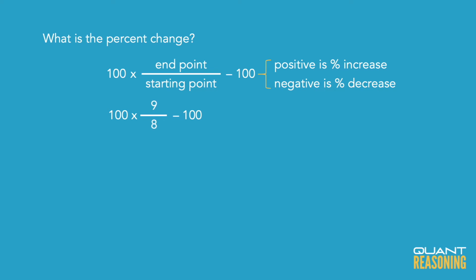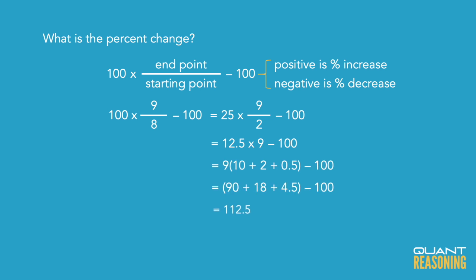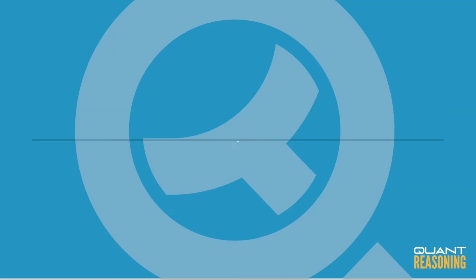And that will give you the percent change. 9/8 multiplied by 100, that's like 9/4 multiplied by 50, or 9/2 multiplied by 25, or 9 multiplied by 12.5. 9 multiplied by 12.5, that's like 9 multiplied by 10 plus 9 multiplied by 2 plus 9 multiplied by half, that's 112.5. Subtract back out the 100 and you get the correct answer, which is 12.5%.